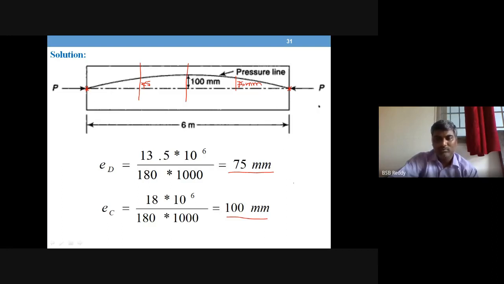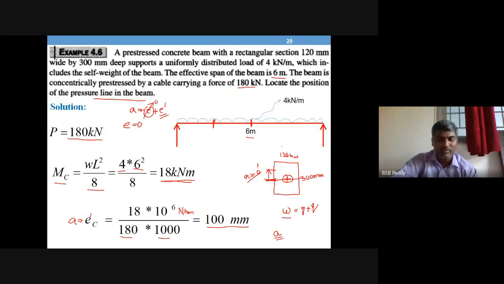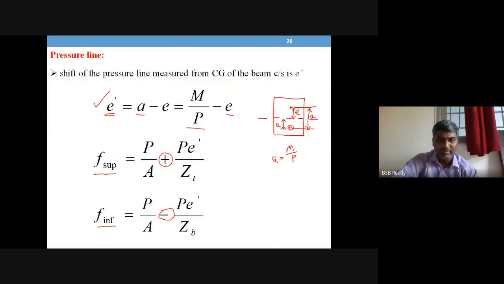If you want to answer any other question, like what are the stresses at top and bottom, using these E dash values you can also produce the resultant stress diagram by the formulas that we have derived: top stress, stress at bottom. With these formulas, you can easily work it out.